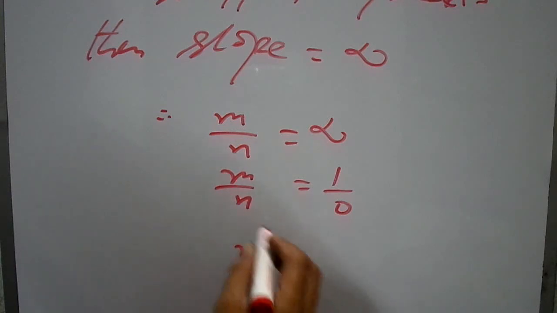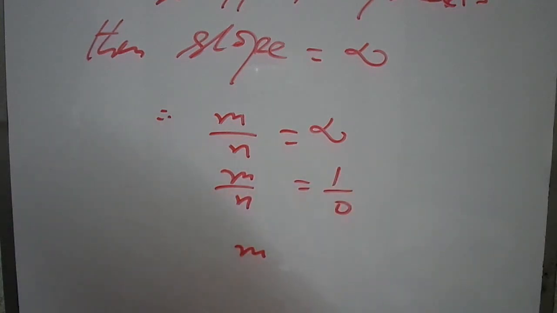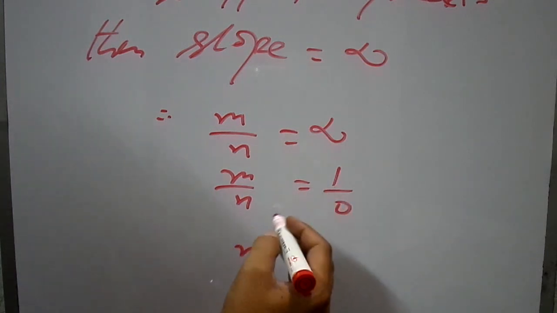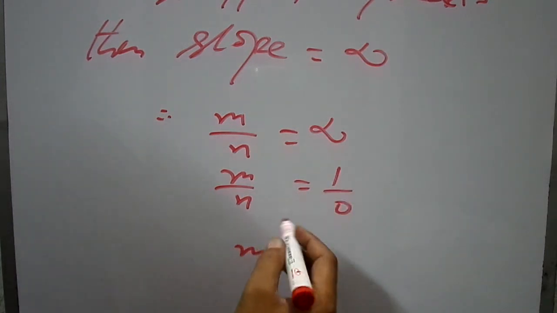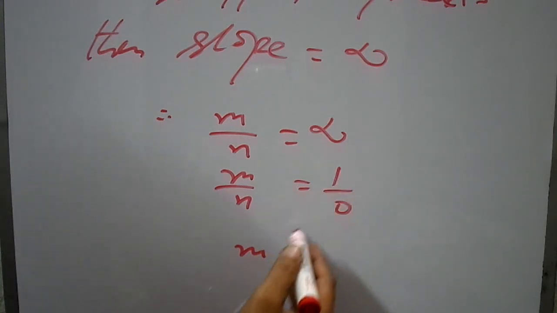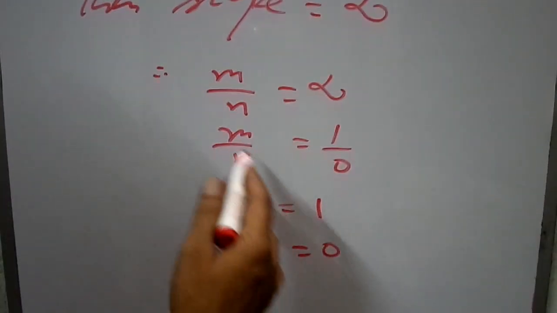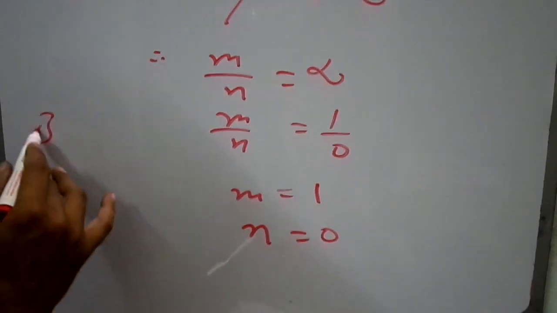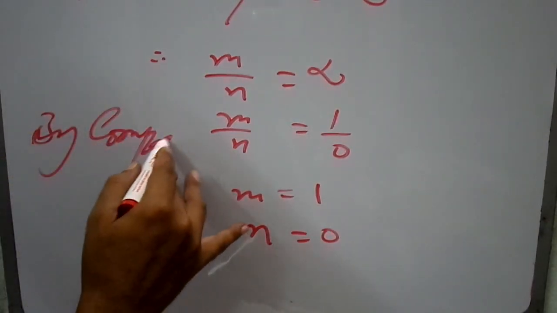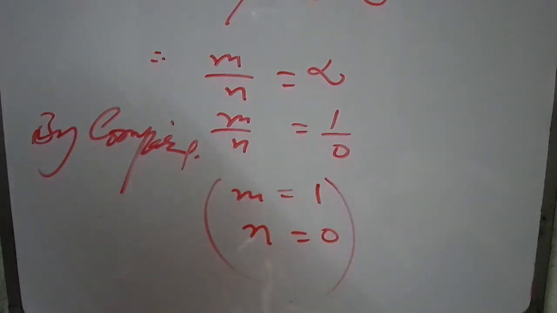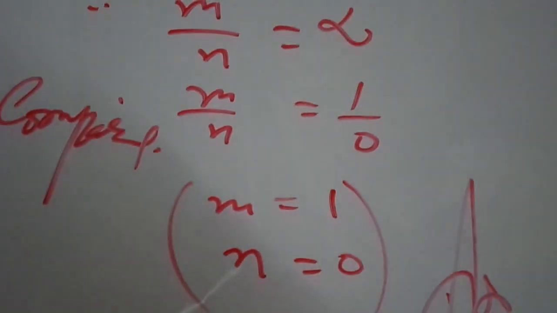So we use cross multiplication, and this condition shows that m is equal to 1 and n is equal to 0, if I use the comparison method. So that is your final result and the end of this exercise.